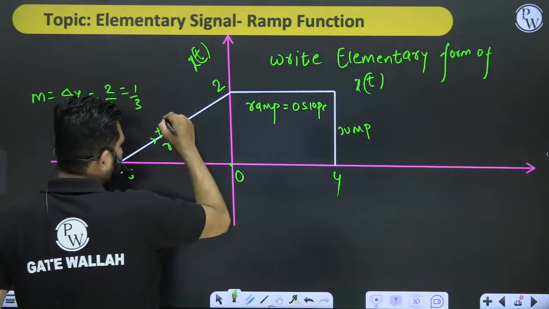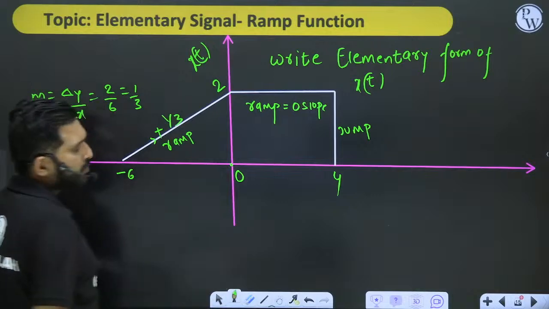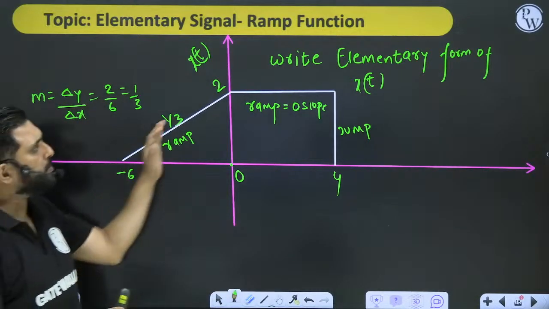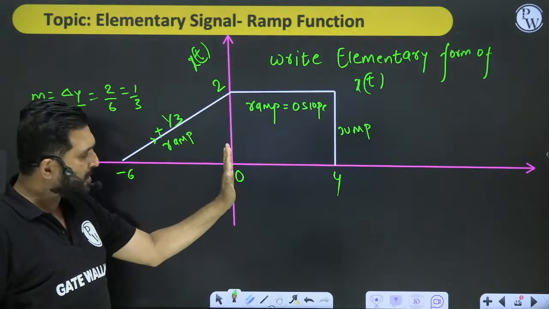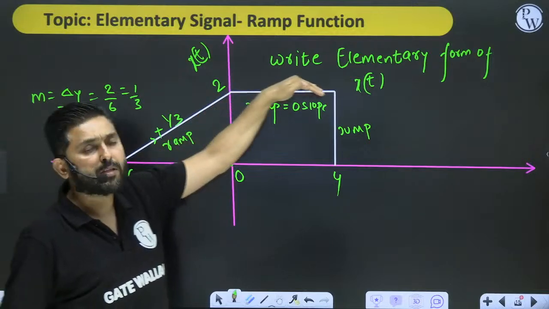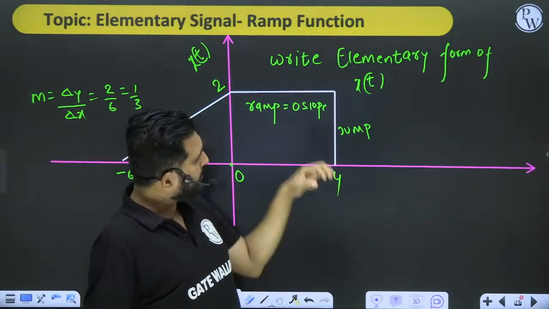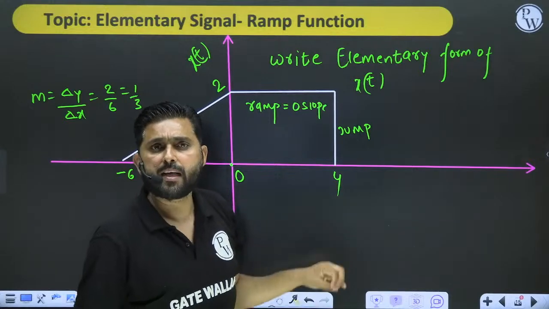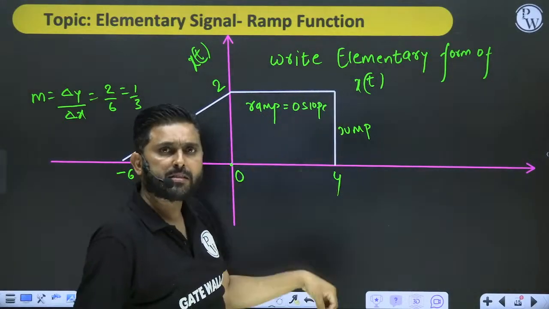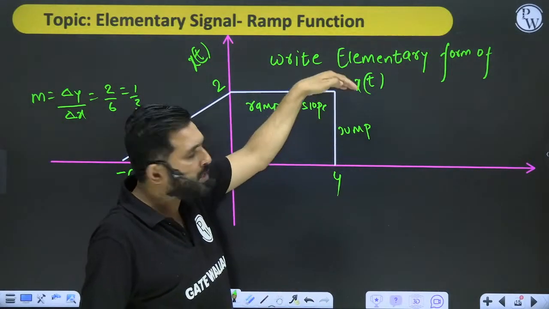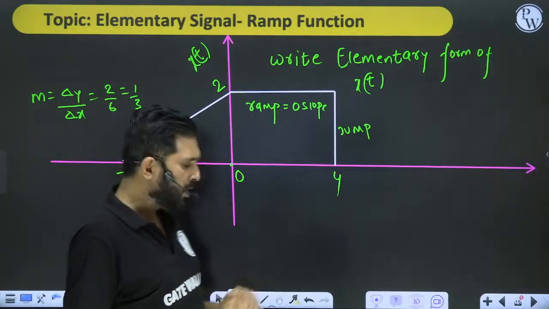This is having a +1 by 3 slope. Now +1 by 3 slope is going on, and at the point 0, +1 by 3 becomes a 0 slope. And this continues till 4, but suddenly a jump comes. And this changes the line to a jump to nothing but my 0.